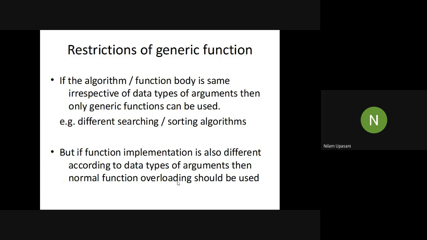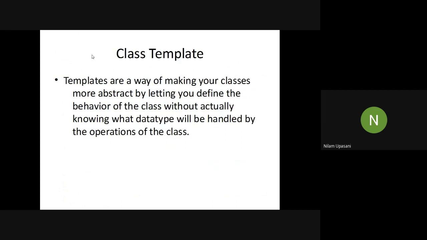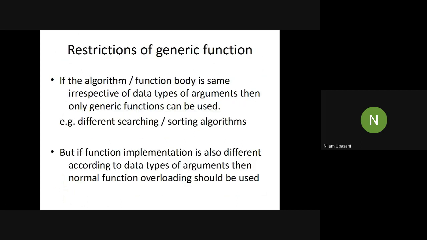So generic function is to be used when your logic or algorithm remains same but your data type can be different. But if your data types are different and the logic inside is also different, then in that case you go for function overloading. Okay, so this is about generic function or template function.